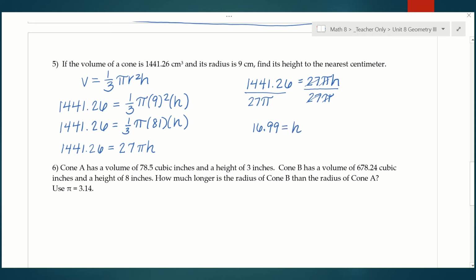And since it says we're rounding to the nearest centimeter, that means the nearest whole number. And so that would end up being 17 centimeters. Okay, we don't label it centimeters squared or centimeters cubed. It's not the volume, it's just the height. So height is just centimeters. Okay, so tricky, definitely tricky, but again, we've done equation solving before, and this is just another variation of that.